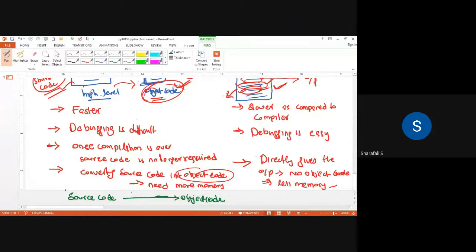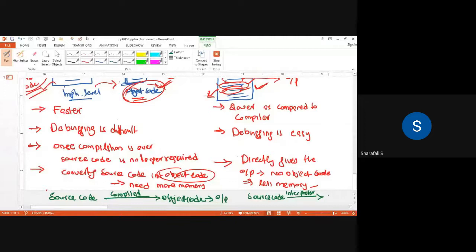So here we need the compiler, and from this object code we will get the output. But in the case of an interpreter, we will have source code here, we use the interpreter, and here we will be getting the output.